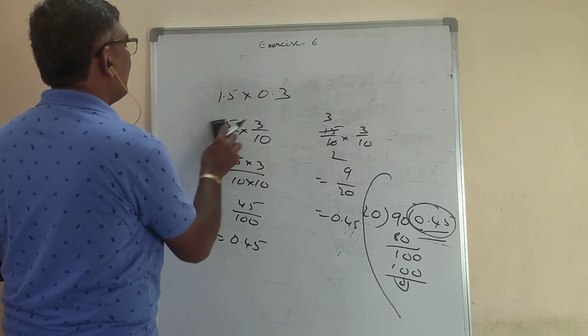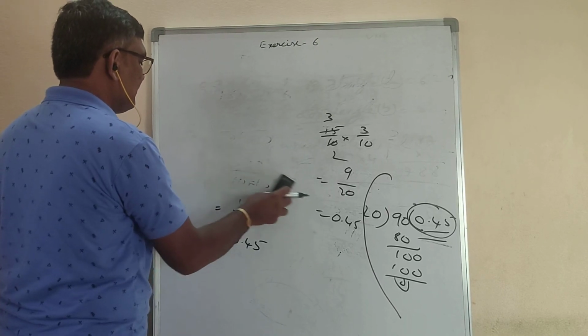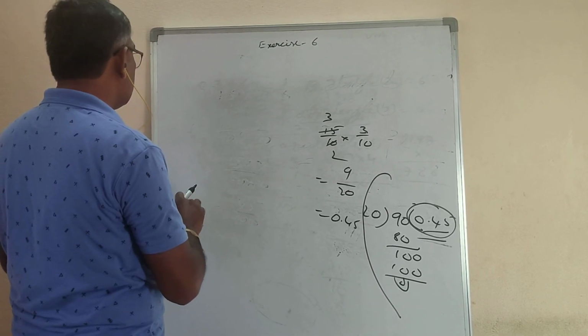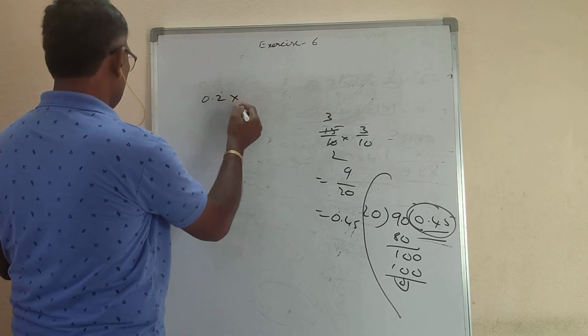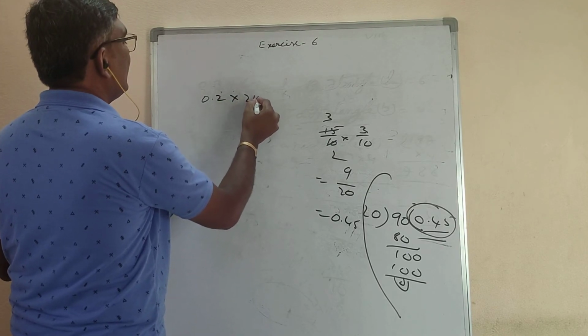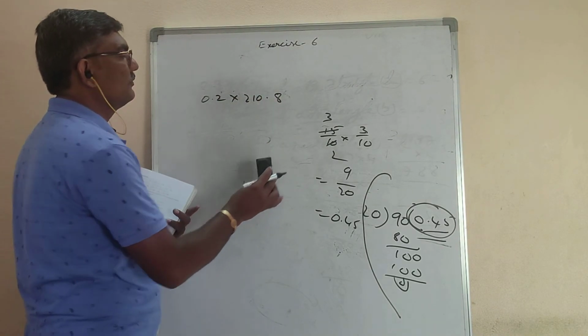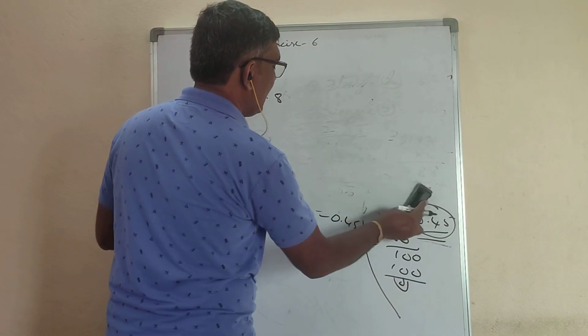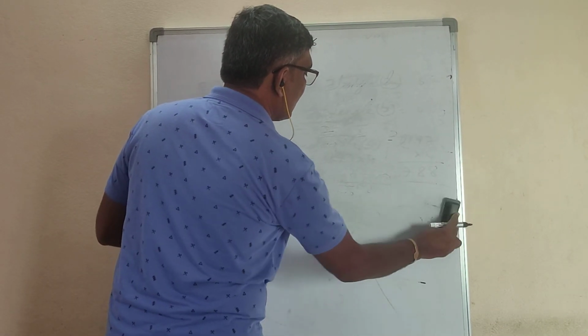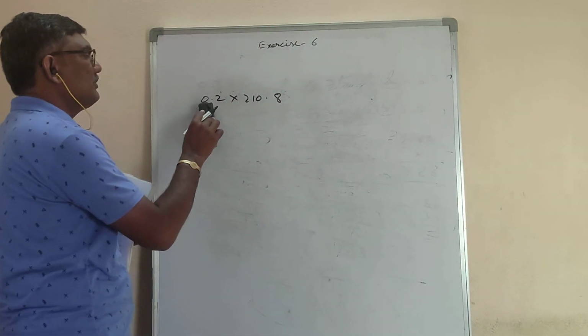And now, one more problem we will do with decimal numbers. That is 0.2 into 210.8. How to do multiplication of two decimal numbers? Here it is a decimal number, and it is a decimal number.